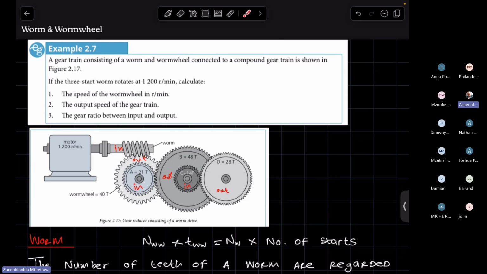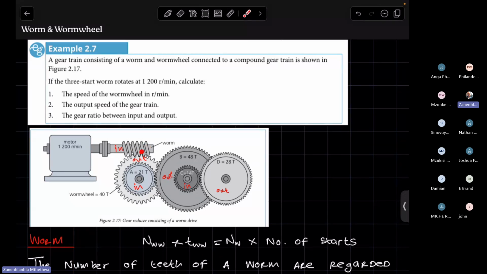Now they say calculate the speed of the worm wheel in revs per minute. As far as the speed of the worm wheel, there's the worm wheel, and we have its number of teeth. We are looking for its rotational frequency. You look at the gear it is meshing with, which is the worm.